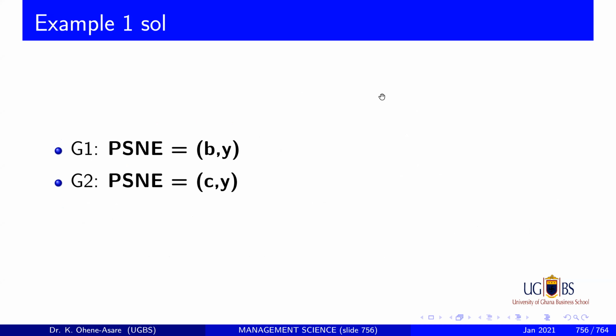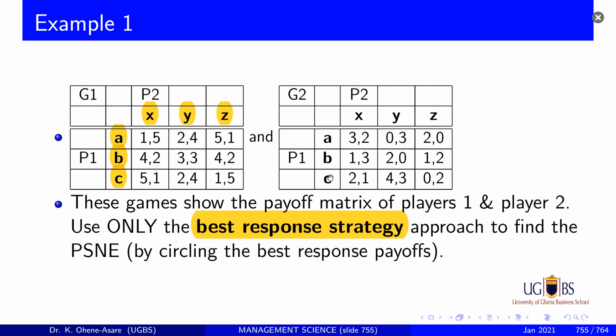Those who were honest in raising their hands, they've got it. So this strategy of C and Y is your pure strategy Nash equilibrium using this best response approach.